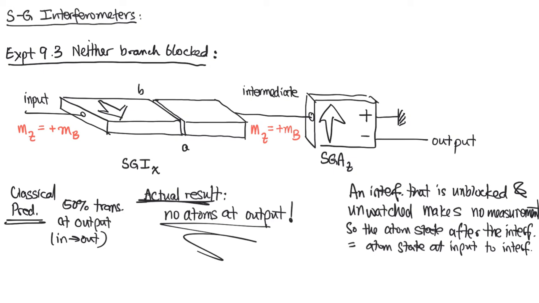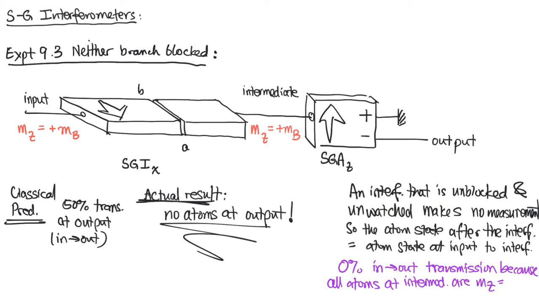Okay, so here we know that we're going to get 0% transmission, because all of the atoms at the intermediate state are Mz plus.